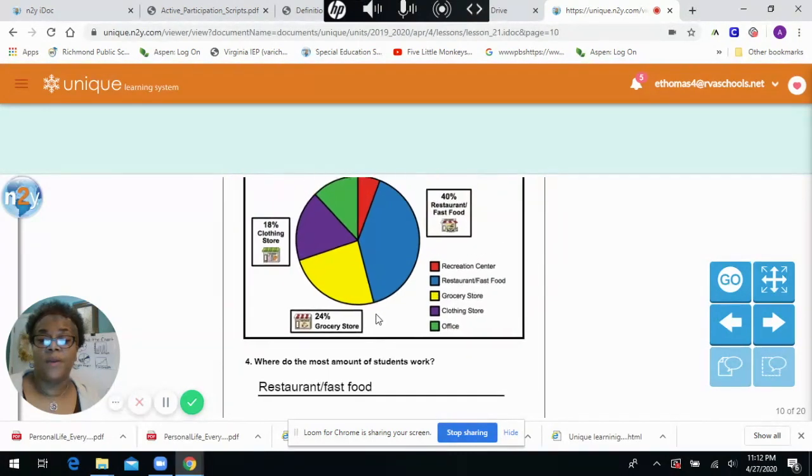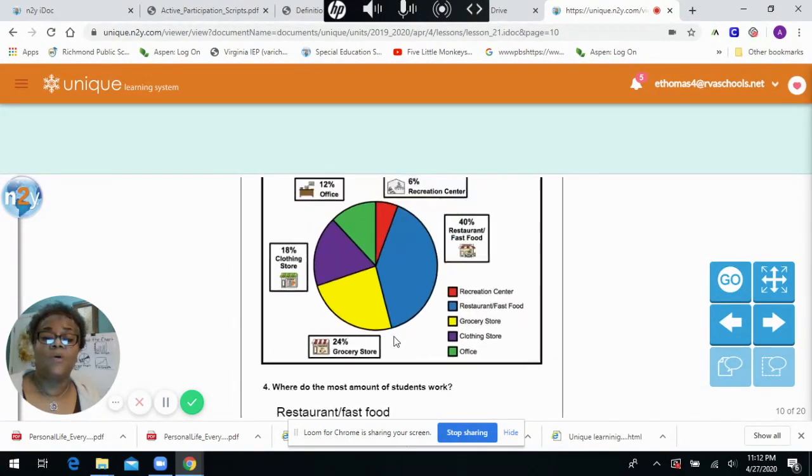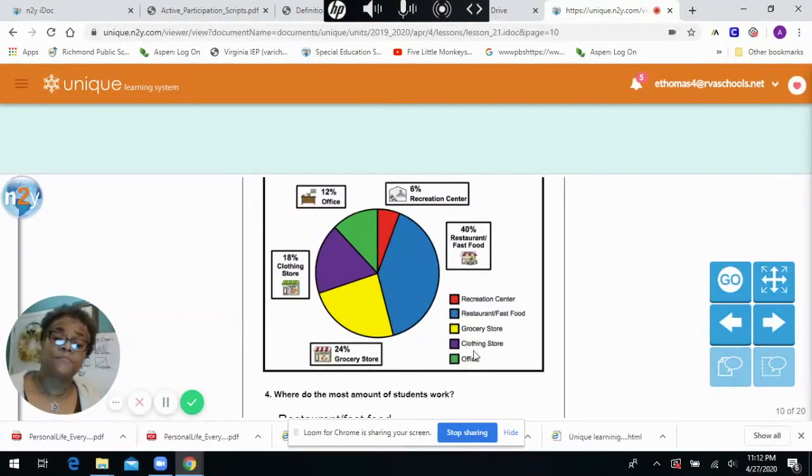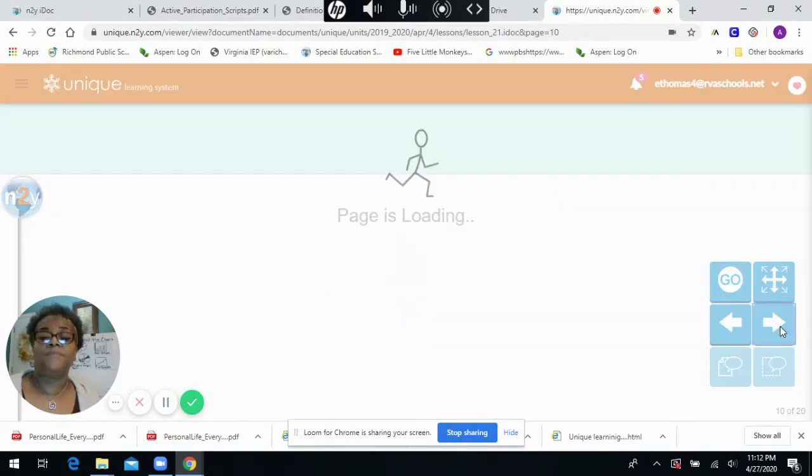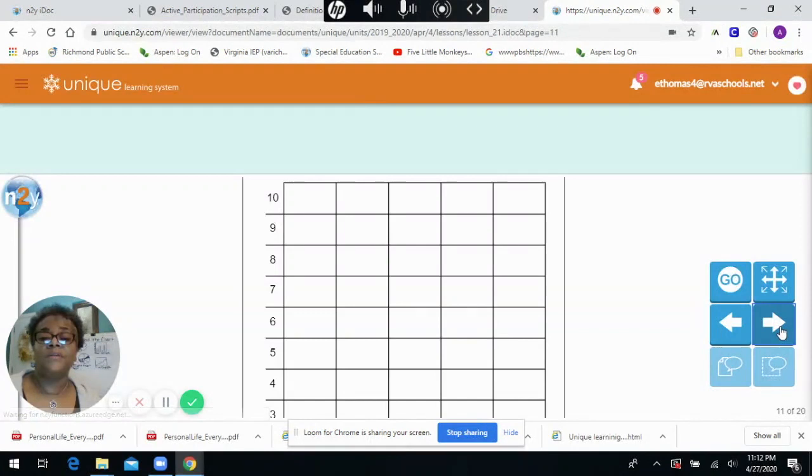So this is how we do the pie graph. These icons, these pictures, this is a legend that tells us what these colors mean. So the blue meant restaurant, which was the most. 40% of the students worked in the restaurant. All right, let's keep going.